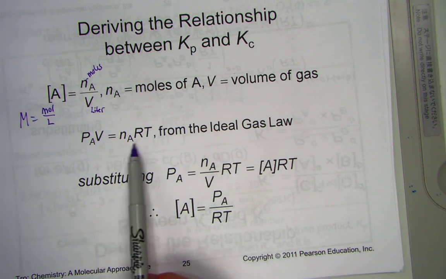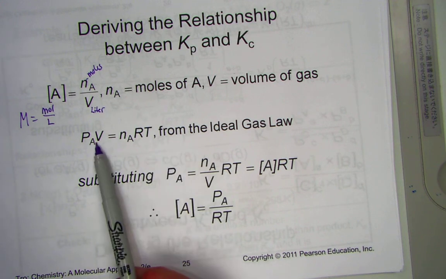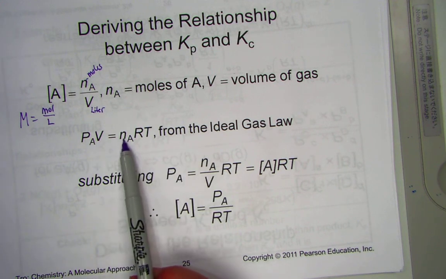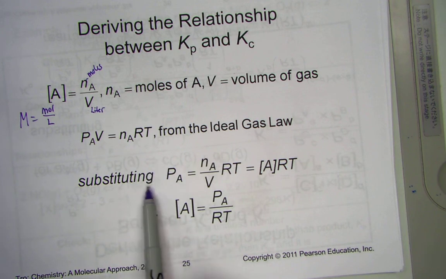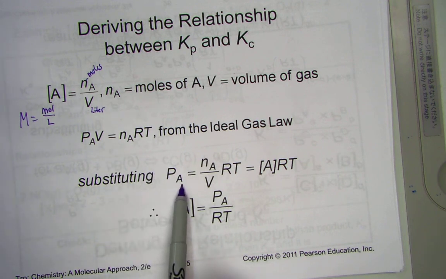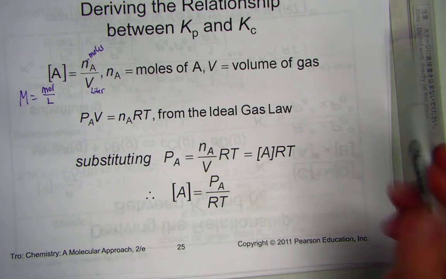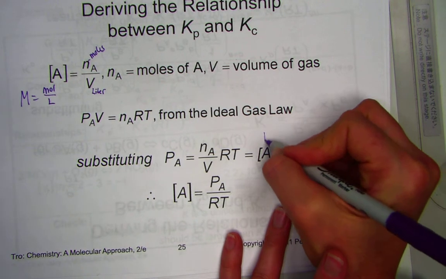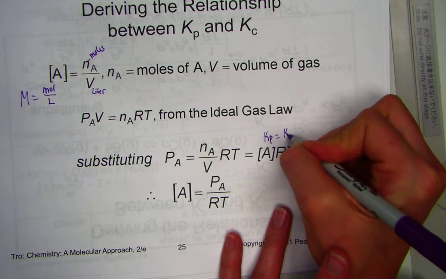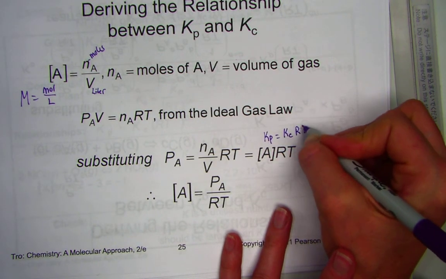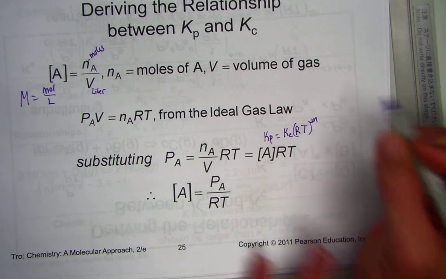We know that PV equals nRT from our gas laws. PV with respect to A is set equal to nRT with respect to A. And if we simply substitute in the pressure of A, nRT, we come up with our equation where we had said Kp can be found by knowing Kc times RT raised to the delta n.